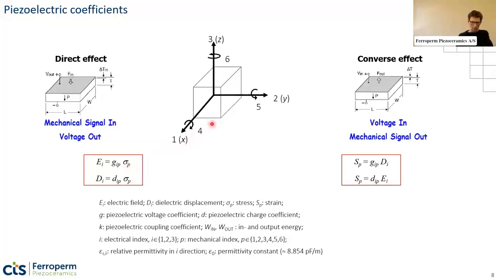I should maybe explain what the numbers mean. P can be 1 to 6, and it shows in which direction the mechanical signal is applied. In the case of P equals 3, it's applied vertically.